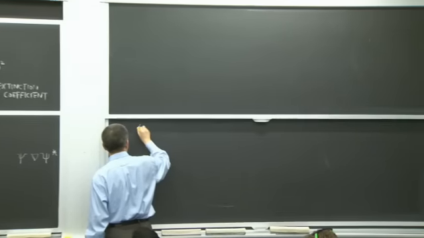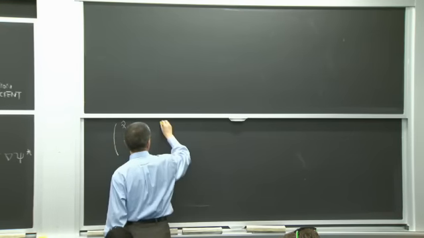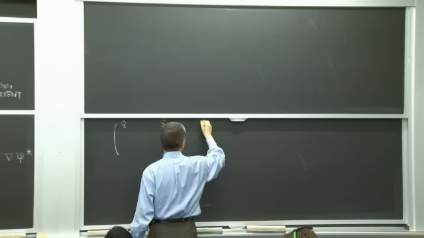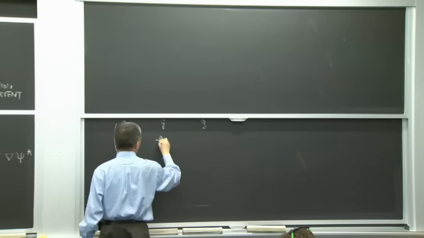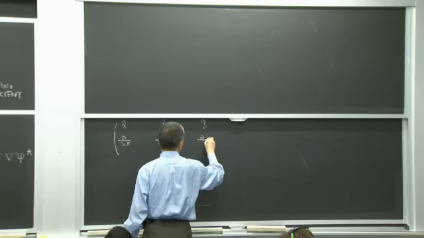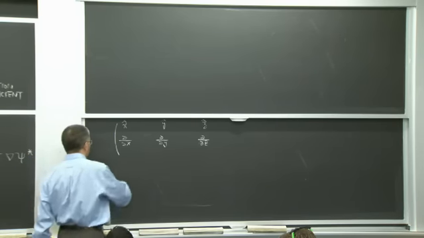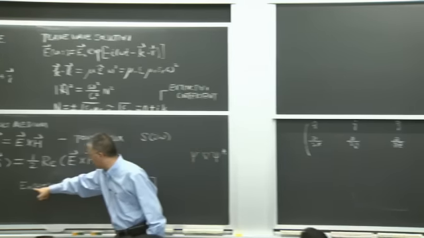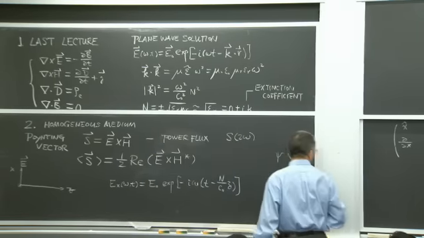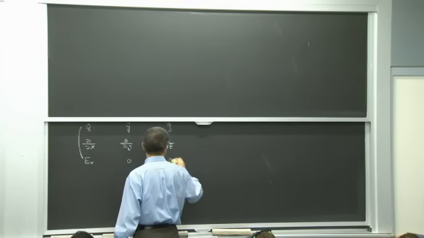So I can say here, what I have is a unit vector x, y, z, and d/dx, d/dy, and d/dz, right? So this is for calculating the curl, and I have Ex, so x component only, Ex, 0, 0.